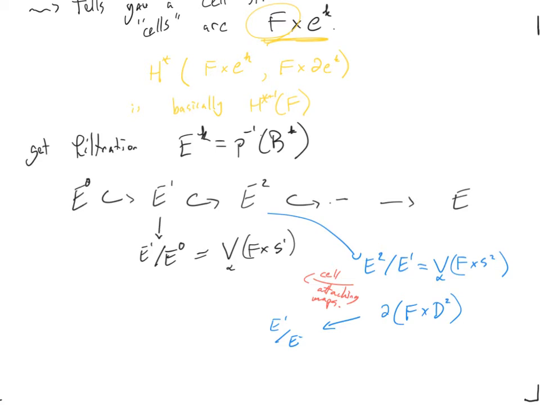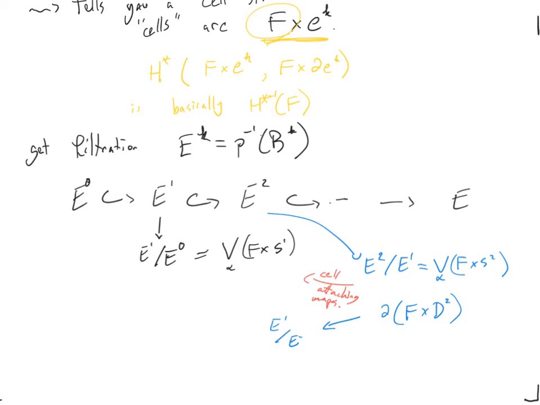Sorry, I'm misspeaking because I'm trying to write at the same time. So these cell attaching maps look like I'm mapping the boundary of F cross a disk, so a D2, to F cross, into E1.